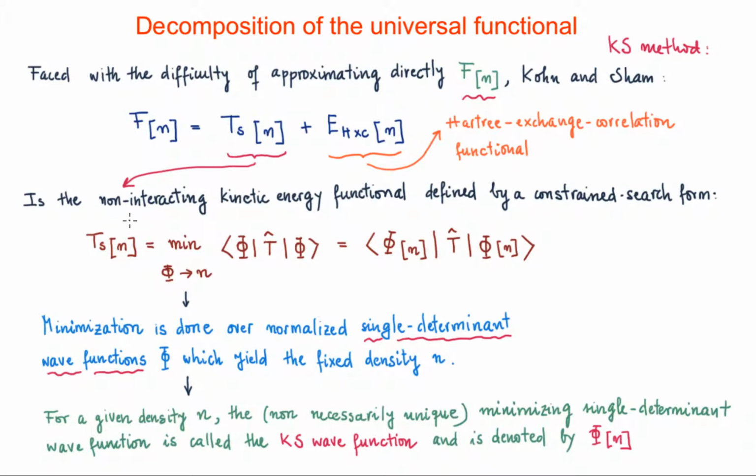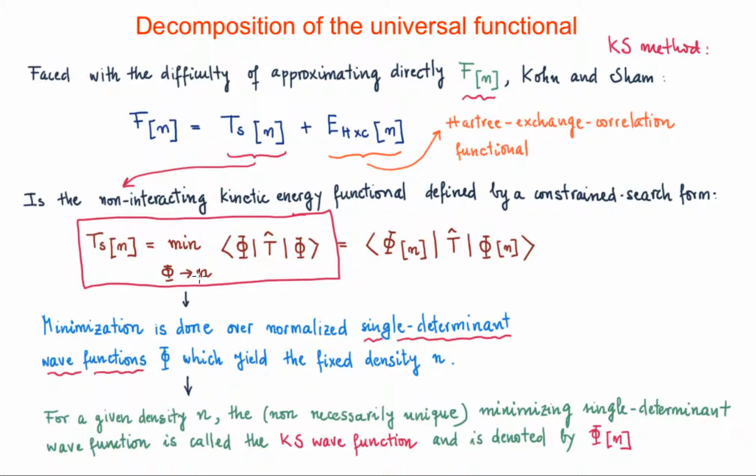And how is that kinetic energy functional of that non-interacting system defined? It's defined in this way here. Remember that for a non-interacting system, the wave function is somehow easier in the sense that it's Slater determinants. So it's defined the following way.